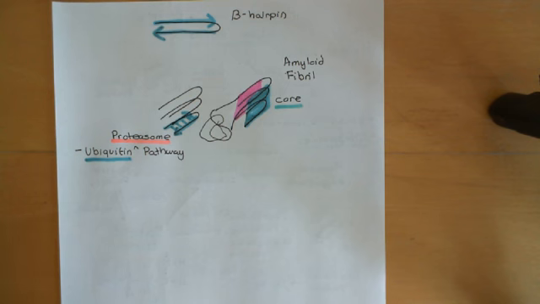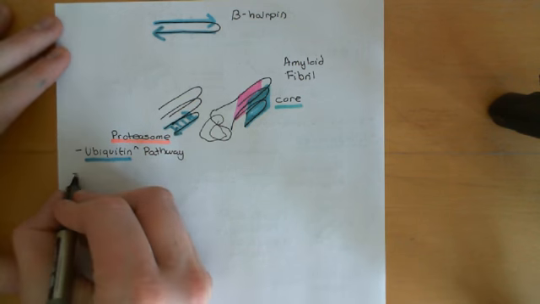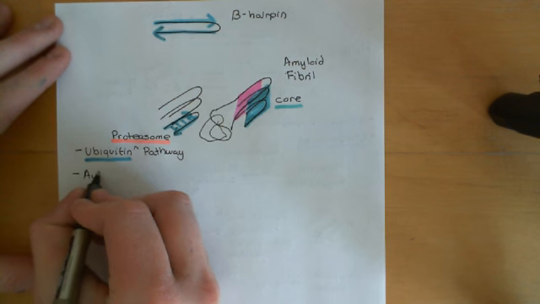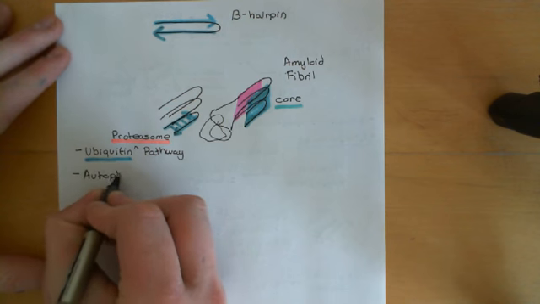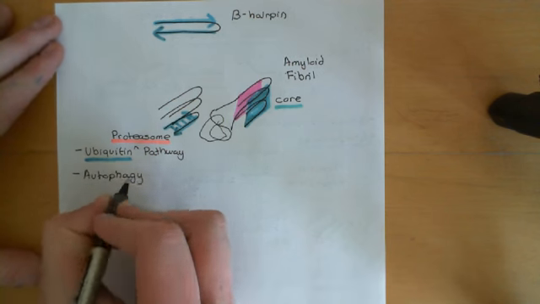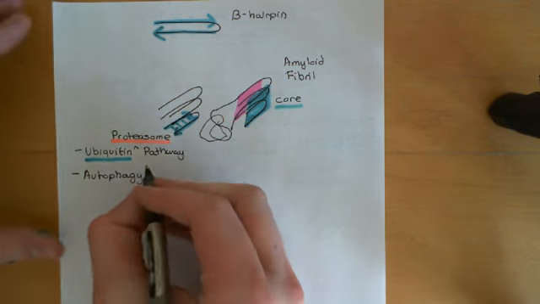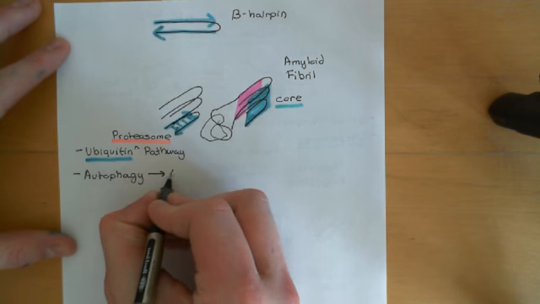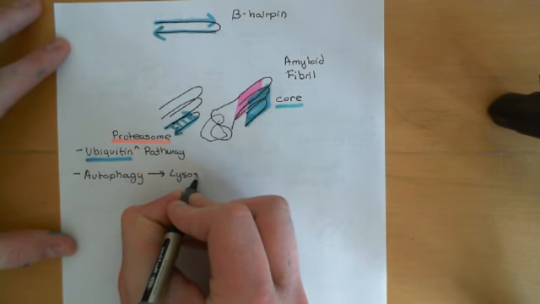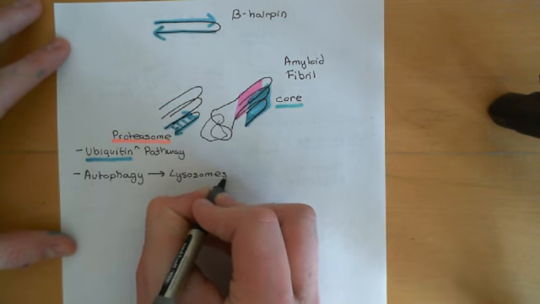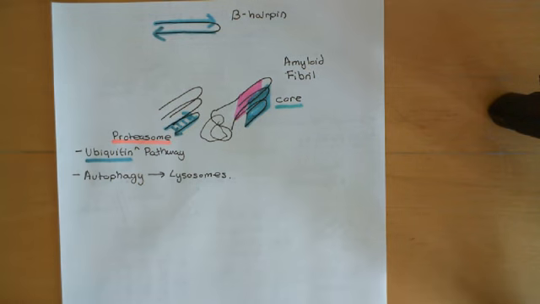Okay, the other major degradation pathway is what's known as autophagy. In autophagy, the proteins are sent for degradation in lysosomes. So the proteins are sent to the lysosomes, and in the lysosomes they'll then be broken down. There are different kinds of autophagy, and we'll see a few of them later on.